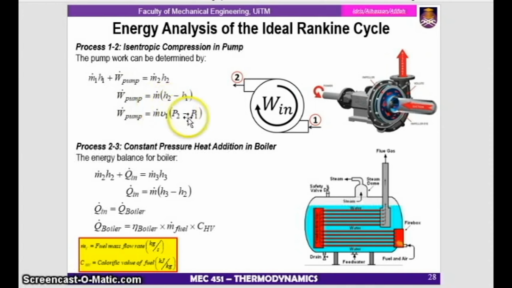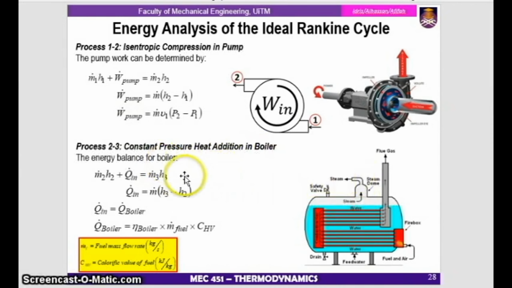So delta h can be converted using the definition of enthalpy, so it will become v delta P. From here we know P2 and P1, so we can find work or power for the pump. Process 2-3 is constant pressure heat addition in the boiler.